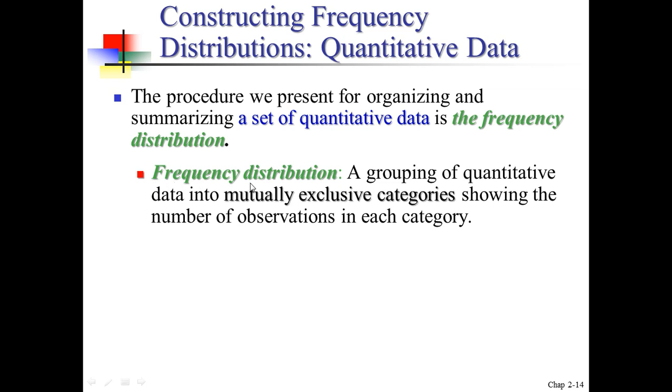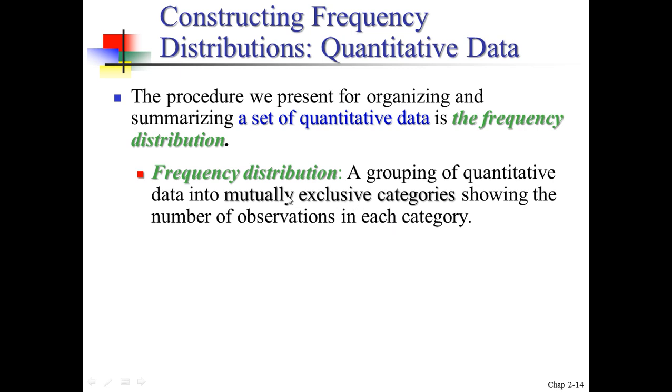So a frequency distribution is a statistical technique that we use to group, classify, and categorize quantitative data into mutually exclusive categories, groups, or classes, showing the number of observations or data items in each category, each group, or each class.